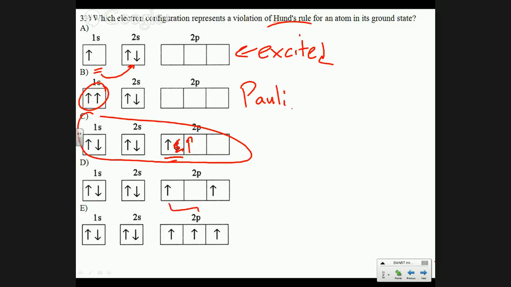This is actually, like I said before, fine, but you won't really see it. Convention says that we would put it in this middle box instead of this end box. So it's not a violation. It's fine. And then E, there's no violations here. So we're looking for a violation. Violation would be C.